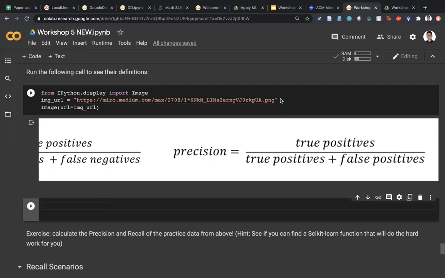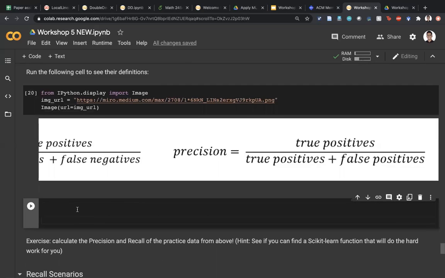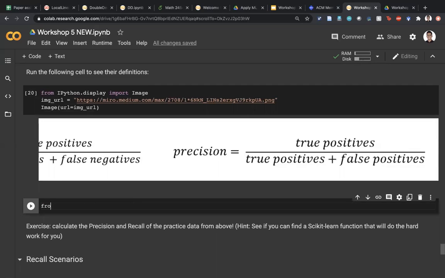So yeah, as Varun's getting that in there. And we want the recall score as well.